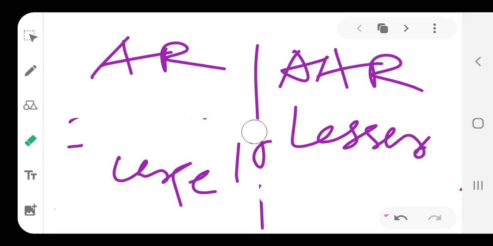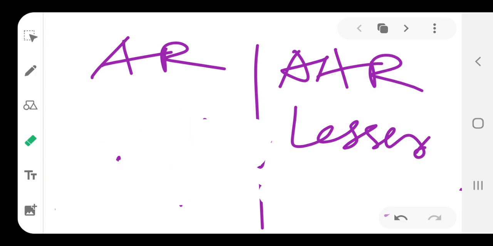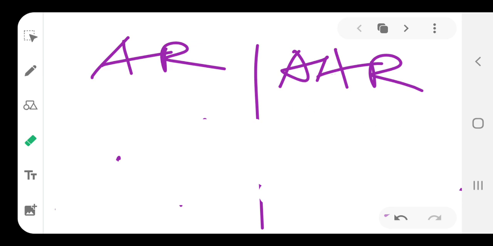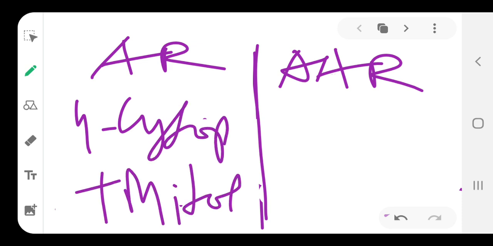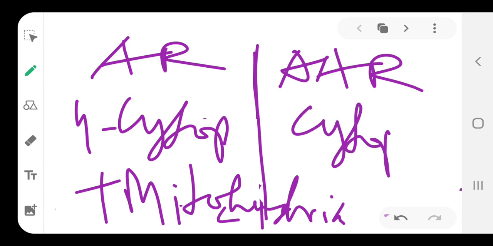Then for the fourth point, because I have told you to write a minimum of 4 points, aerobic respiration takes place in cytoplasm and mitochondria. In anaerobic respiration, it only takes place in cytoplasm. So here the mitochondria is not involved at all.